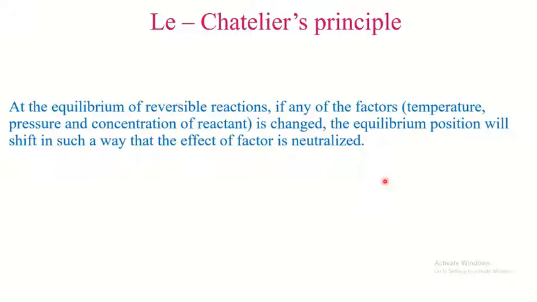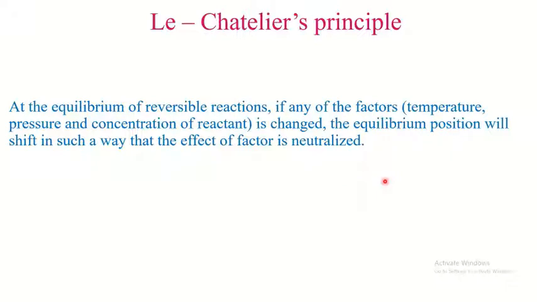What is Le Chatelier's principle? Already we know that when a reversible reaction goes into equilibrium, then forward reaction rate and backward reaction rate become equal, and we will not get any more product from the equilibrium state of a reversible reaction.